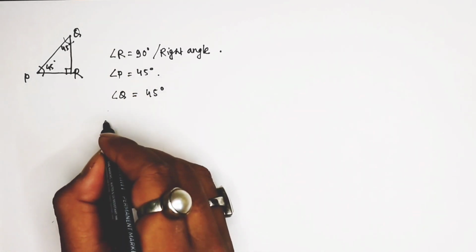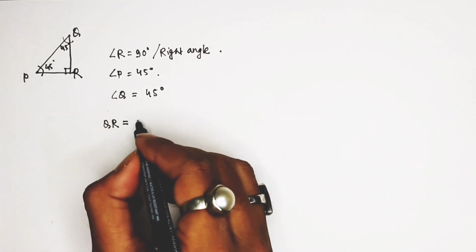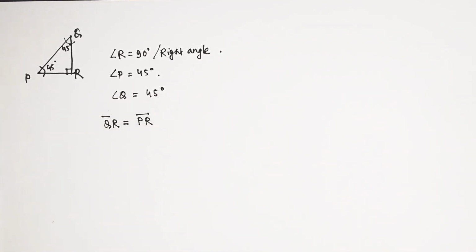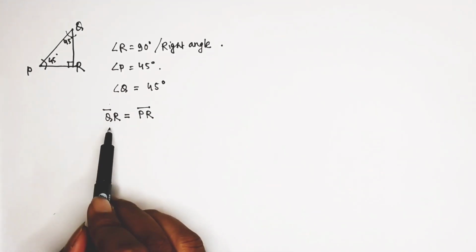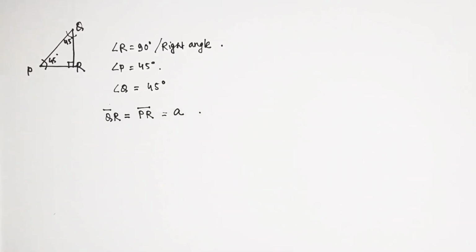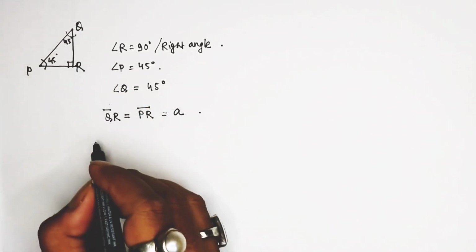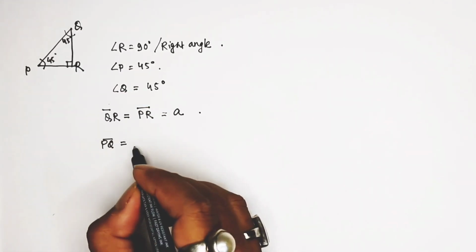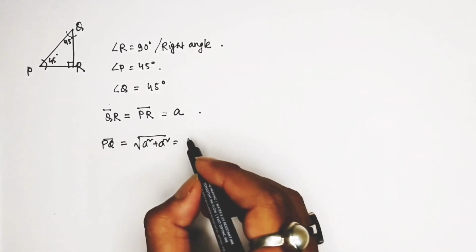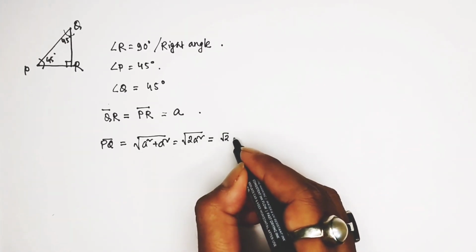So the length of QR equals the length of PR. Let us assume that the length of QR and PR is equal to A. So the length of the hypotenuse PQ is equal to root over A square plus A square, that is root over 2A square, that is equal to root 2 into A.